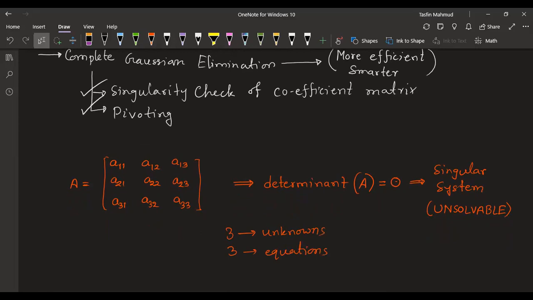Can anyone express this statement in a better way? Is 3 equations always sufficient to find the value of the 3 unknowns? If we have 3 equations, can we always confirm that we will find the value of the 3 unknowns?